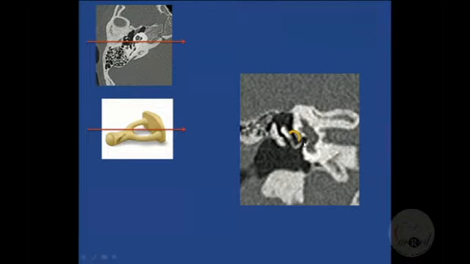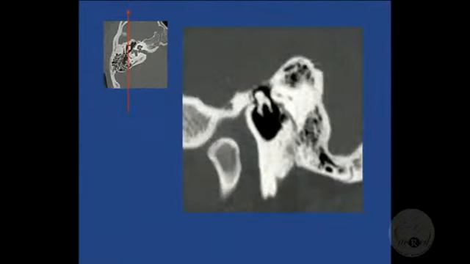This is a section in a sagittal plane, and on this image it looks like a molar tooth. That's the malleus, that's the manubrium of the malleus, that's the incus, and that's the long process of the incus. It kind of looks like a molar tooth. So just to make it easier for the first year resident, this is what I tell them. I've already told you all the other subtleties, but 3 planes, 3 images.